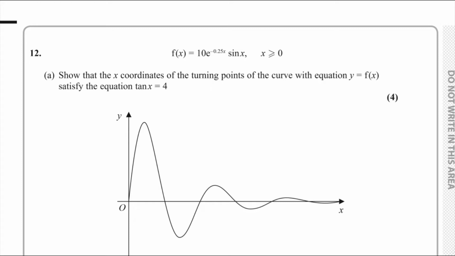So for this question we have two different functions being multiplied by each other. We're looking at the turning points. That suggests to us that we have to find dy over dx and then set that equal to 0. So here, because it says turning point, that suggests to us we're looking at f dash of x, the first derivative, equaling 0.